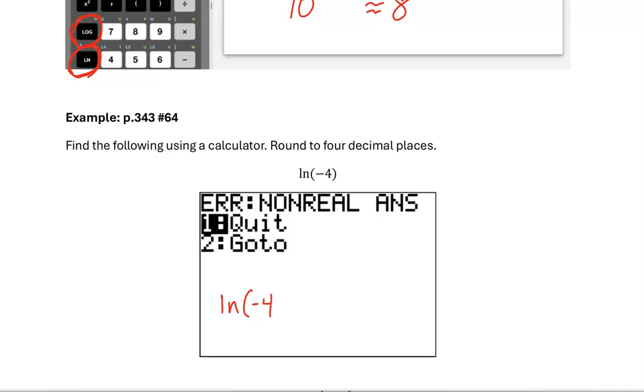And you don't even have to close the parentheses. You can if you want. And I hit enter. This is what came up. Non-real answer.